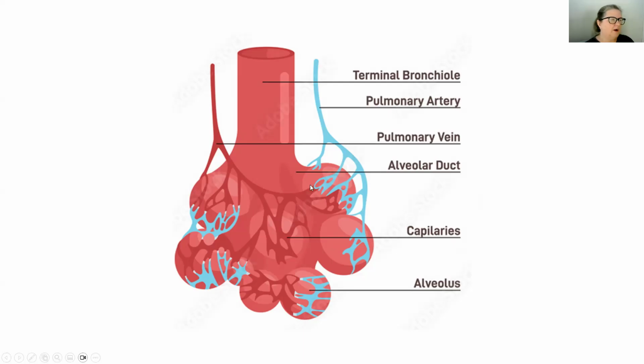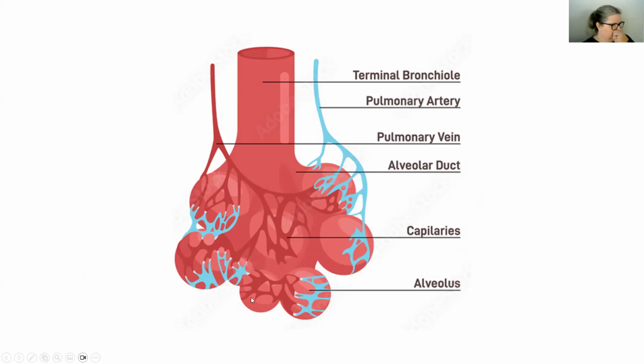And where these alveoli, or alveolus, singular, are at the very end, they are surrounded by a vein and an artery. Pulmonary, because they're part of the lungs, okay? So you have the pulmonary artery, pulmonary vein.